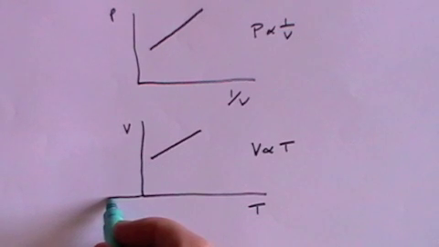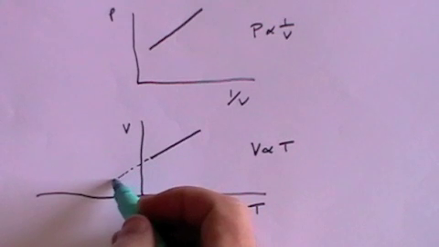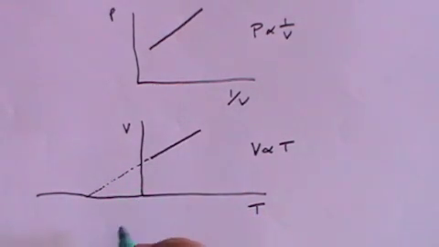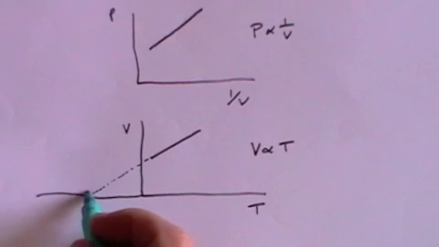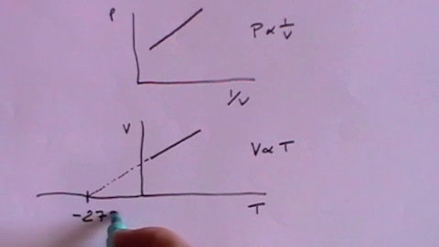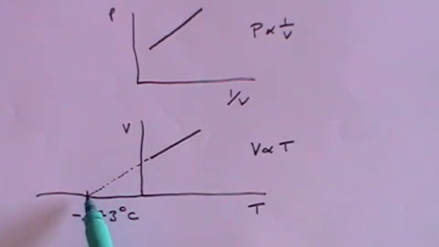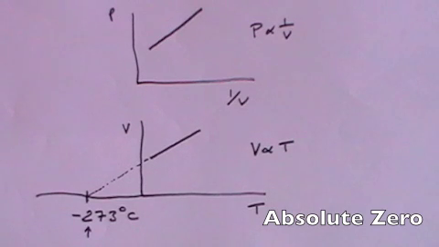But if we extend the axis this way and then plot backwards, we find that this line crosses at this point here, which is approximately minus 273 degrees Celsius. And at that point you can see that the volume of the gas is now 0. And it clearly can't go any further. It cannot become a negative volume. So that's as far down as it can go, and we call that point absolute zero.